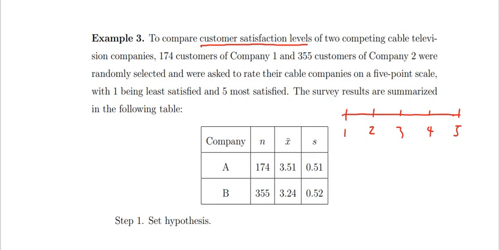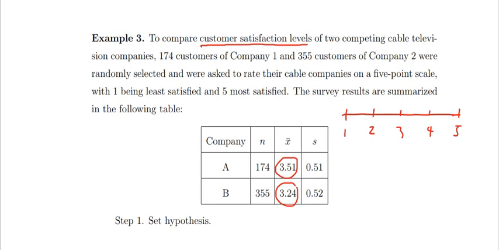Maybe you will choose 5, maybe 3. Then we put all those numbers together and find the average. For company A it is 3.51, for company B it is 3.24. Those are the averages, and that was the standard deviation.